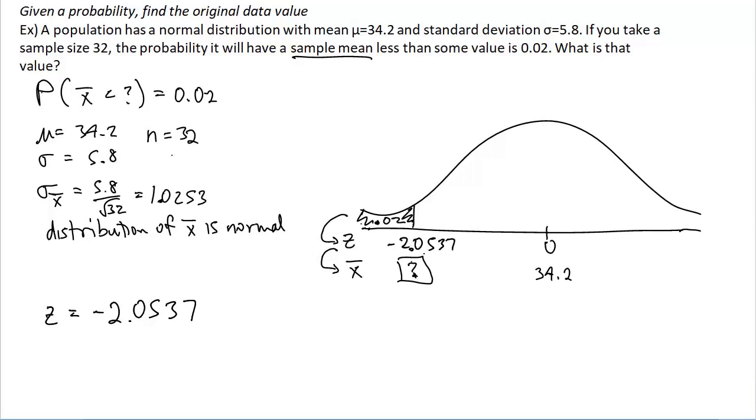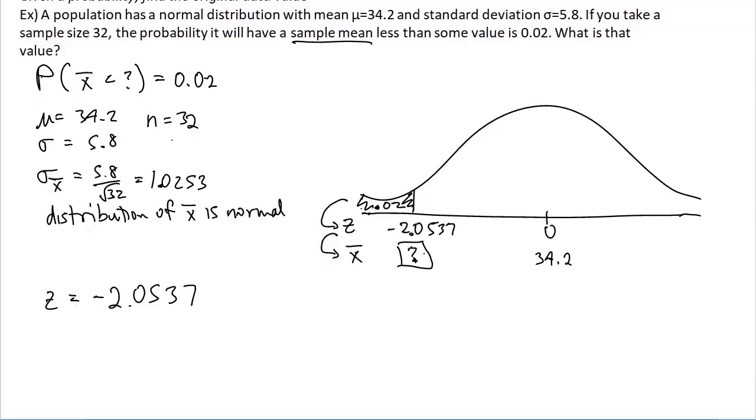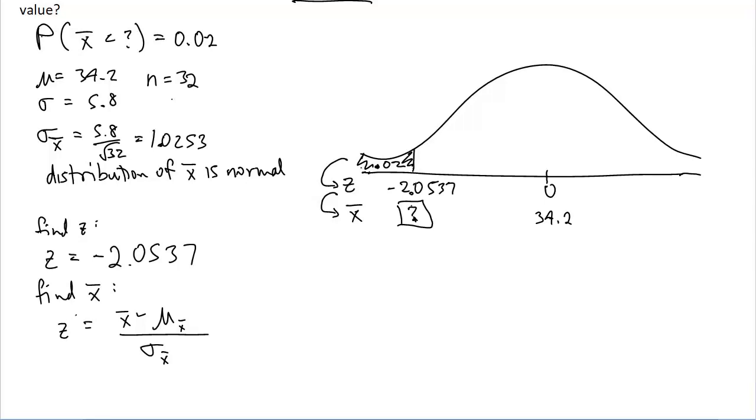There are 2 different equivalent formulas we can use. First, we've defined z, and now we have to find x-bar. We could use the usual formula, z equals x-bar minus mu for x-bar, over sigma for x-bar. That's the formula we'd been using previously when we needed to find a z-score. Now in this case, we know z, but we're trying to find x-bar.